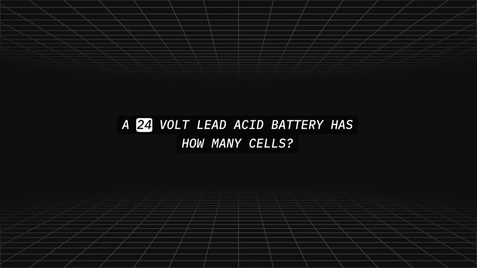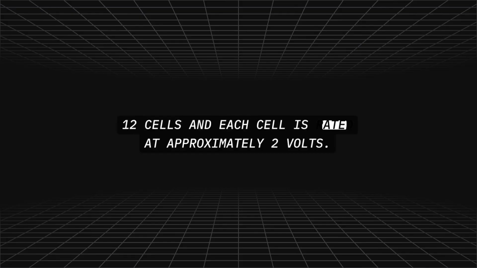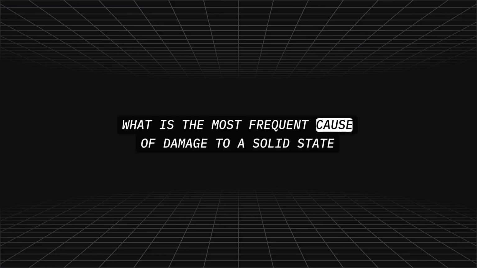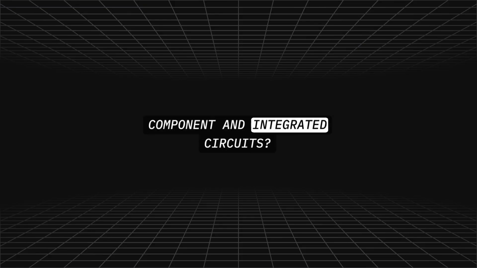A 24-volt lead-acid battery has how many cells? 12 cells, and each cell is rated at approximately 2 volts. What is the most frequent cause of damage to a solid-state component and integrated circuits?